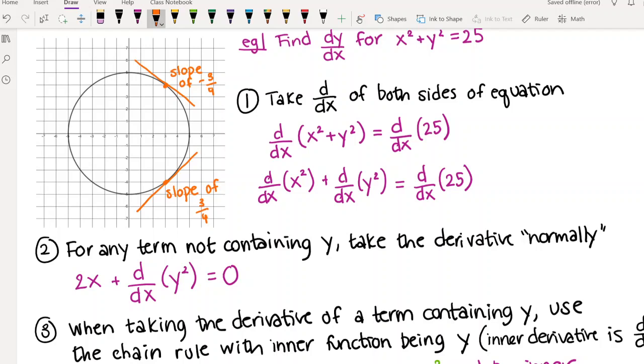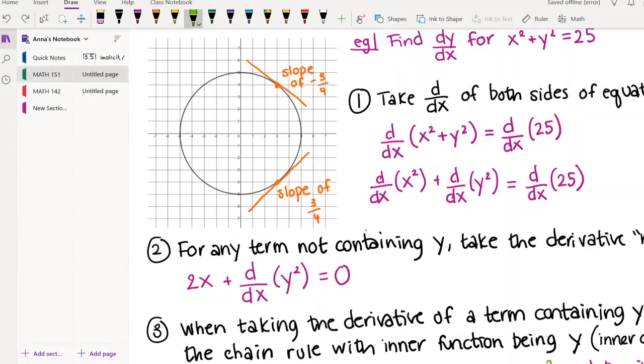So for example, if you were asked to find the equation of this tangent line here, you would know that it had a slope of negative 3/4, and that it went through the point 3, 4. That's all the information you need in order to write its equation. So we don't really need to do that as a whole separate new thing. It's really the same thing we've been doing all along. It's just that the method for finding the slope is a little bit different now that we're dealing with implicitly defined curves.